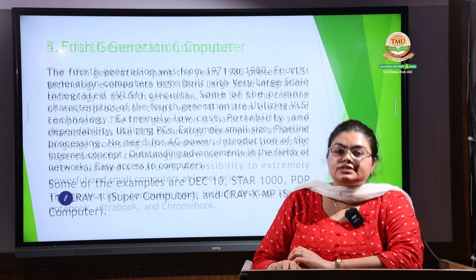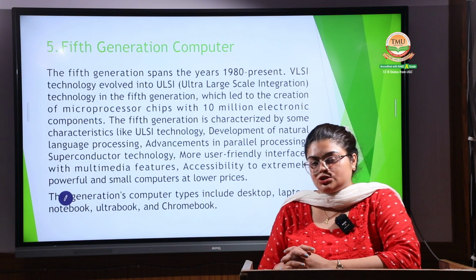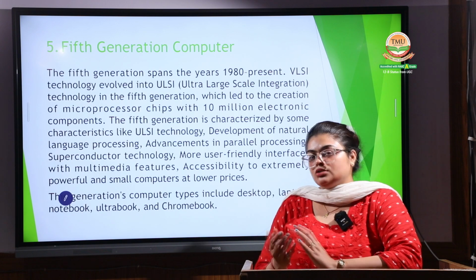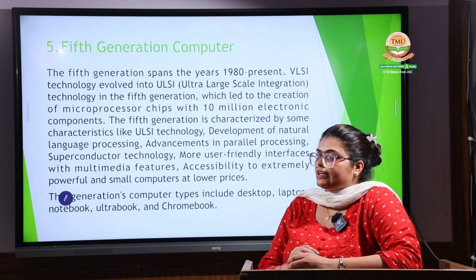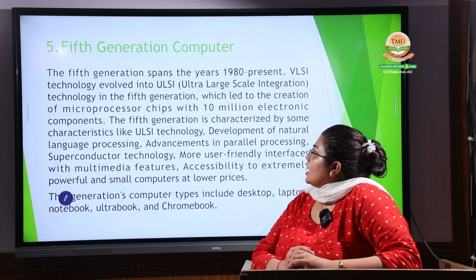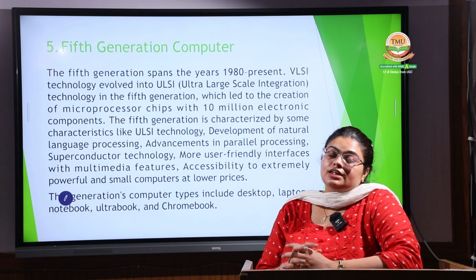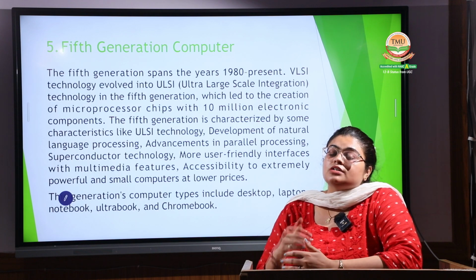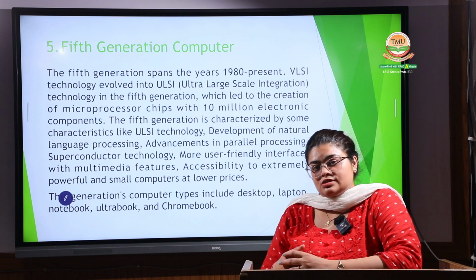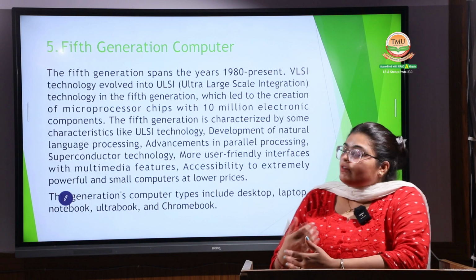And at last, the fifth generation. We are in the fifth generation from the 1980s to today's generation. We are using this type of generation computers, and they use ultra large scale integration. Basically, they include microprocessor chips. They are getting smaller and smaller in size. They are micro in size. They basically use advanced technology.